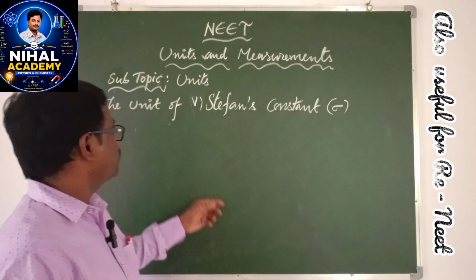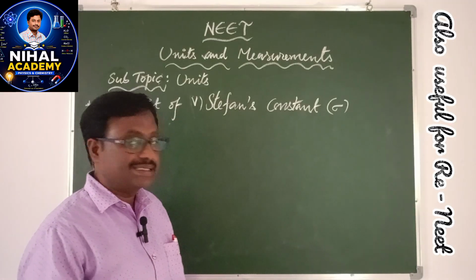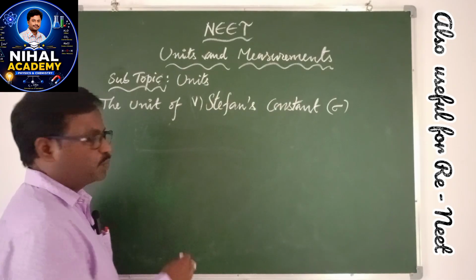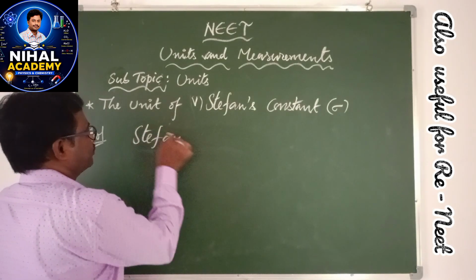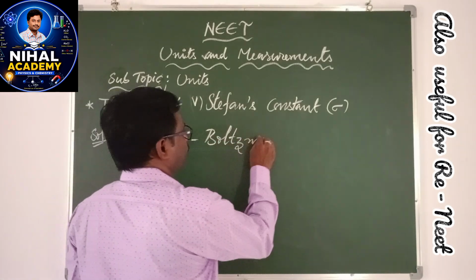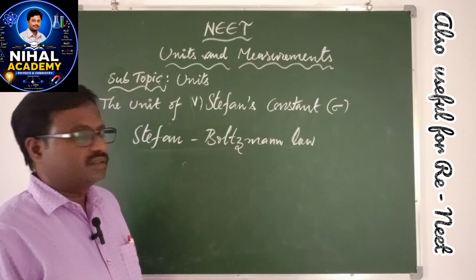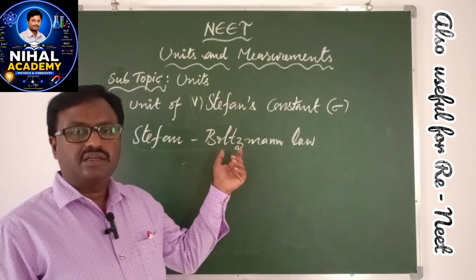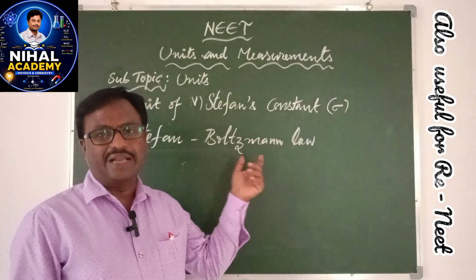Now also the next question, the unit of Stefan's constant, that is sigma. From the Stefan-Boltzmann law, the Stefan-Boltzmann law explains about the amount of radiation produced by the black body.